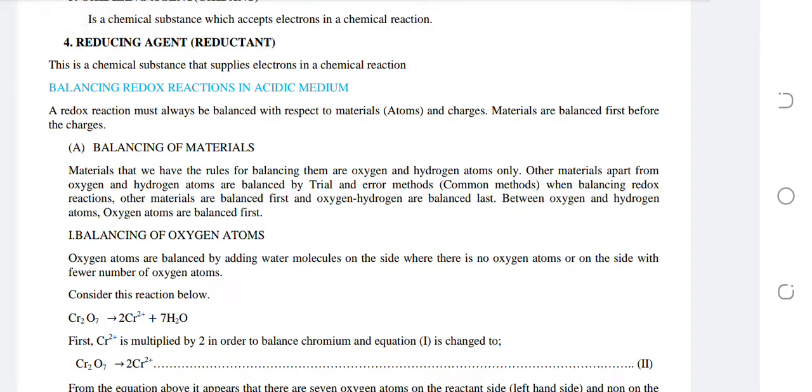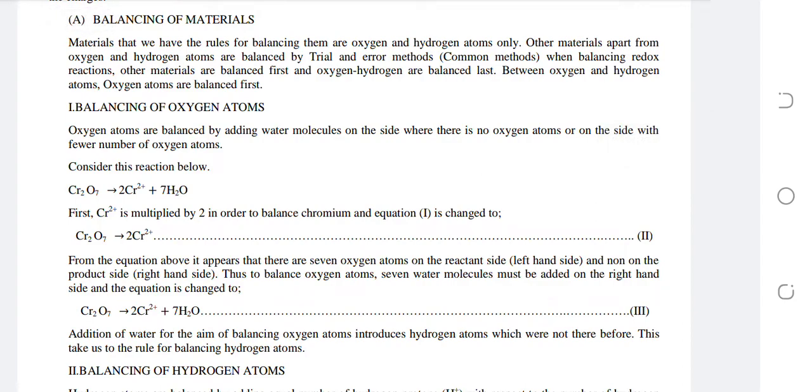Other materials apart from oxygen and hydrogen atoms are balanced by trial and error method or common method. When balancing a redox reaction, other materials are balanced first, and oxygen and hydrogen are balanced last. Between oxygen and hydrogen atoms, oxygen is balanced first.